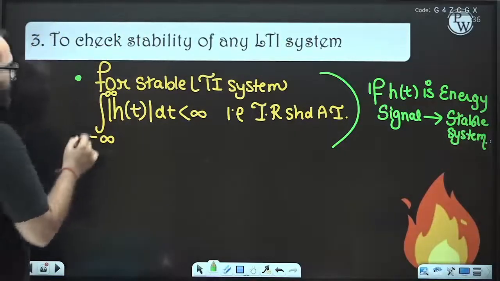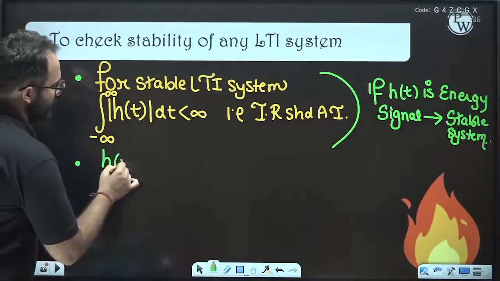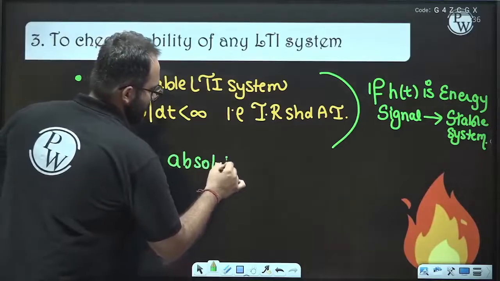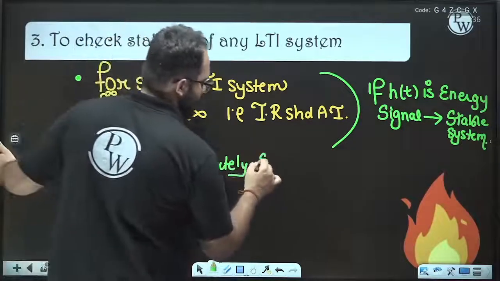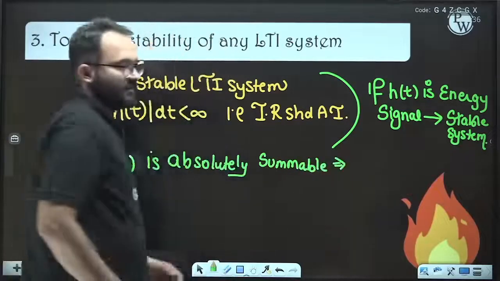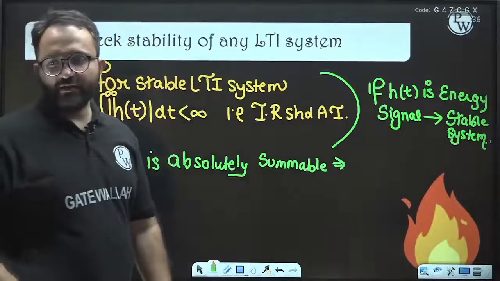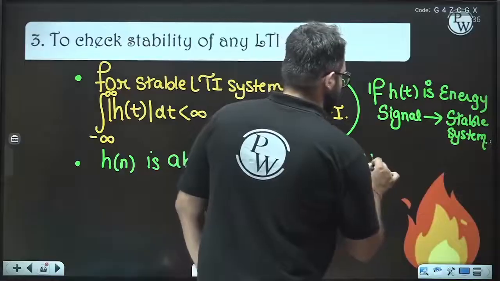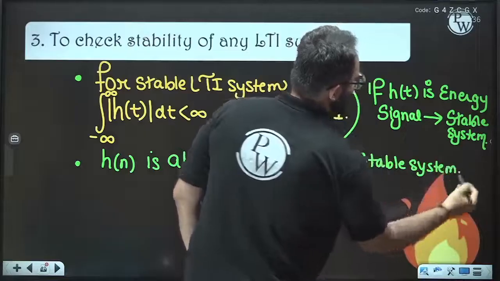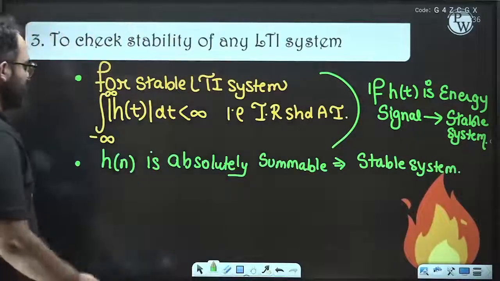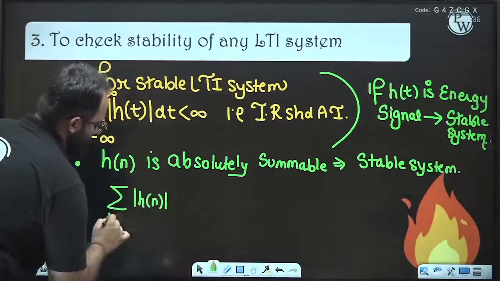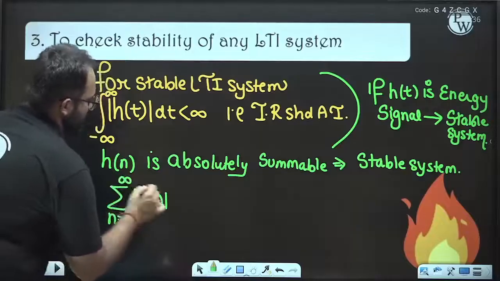Similarly, for h[n], if h[n] is absolutely summable, then it is a stable system, otherwise it is not. Absolutely summable means the sum over minus infinity to infinity of the modulus of h[n] should be less than infinity.